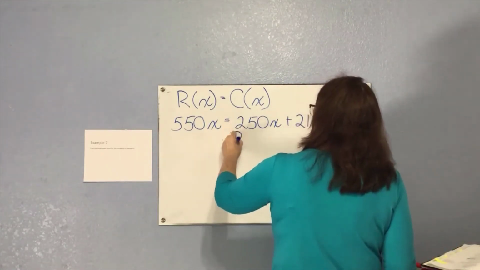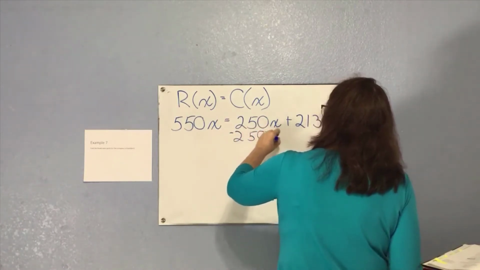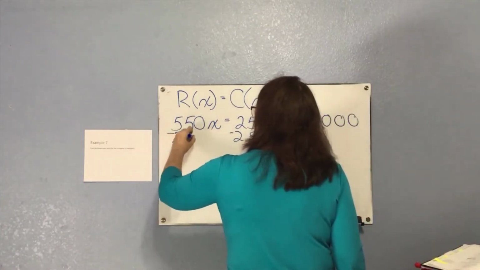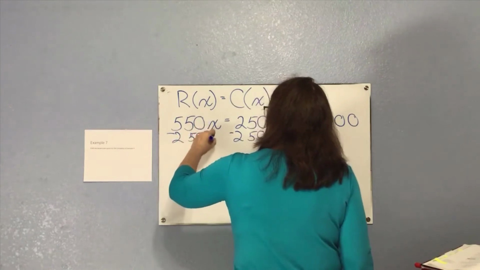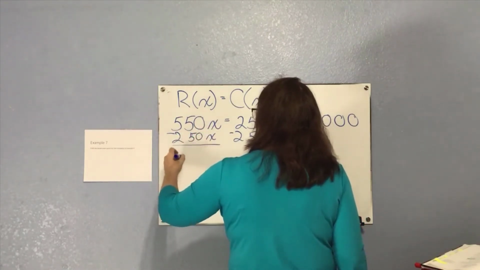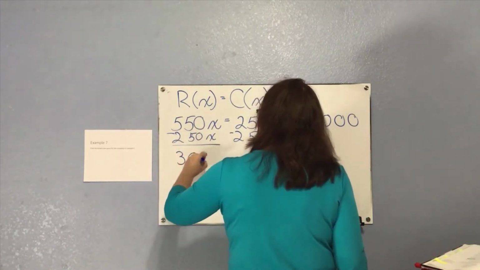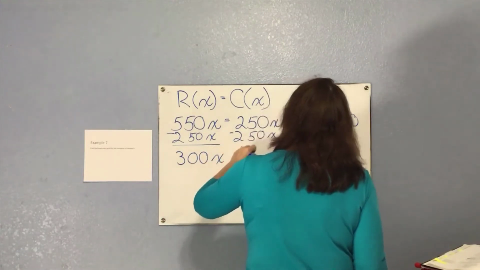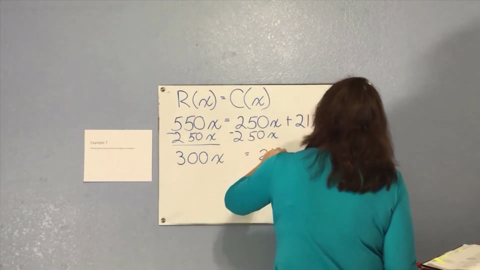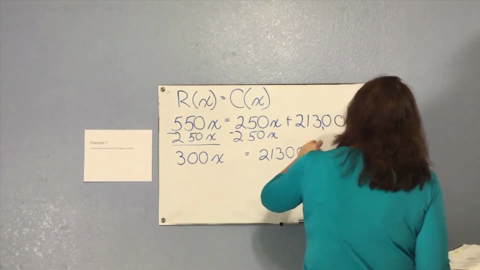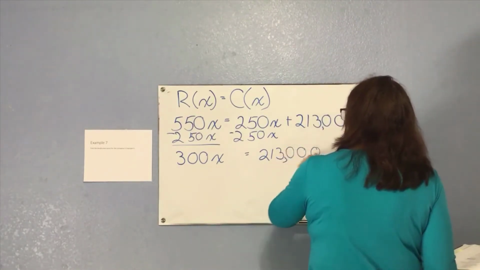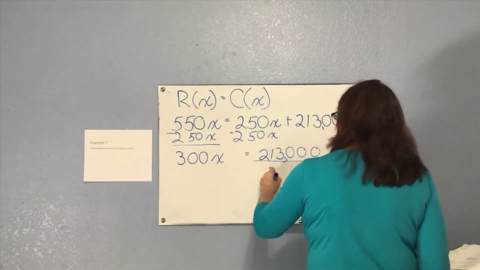So I'm going to subtract the 250x and that gives me 300x equals the $213,000. And then divide both sides by 300.